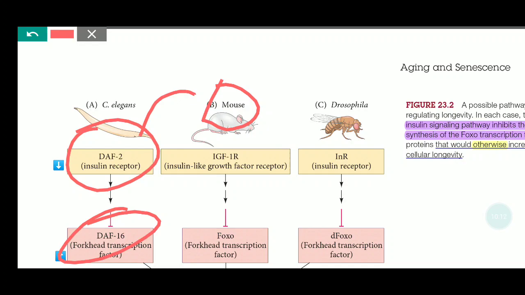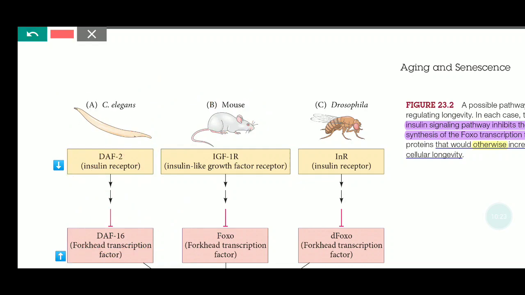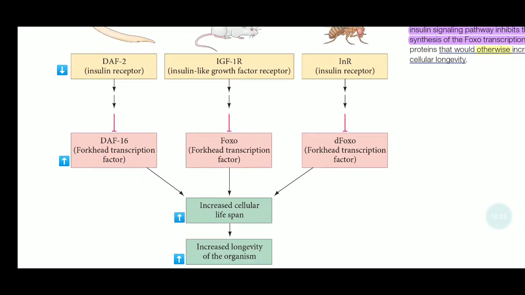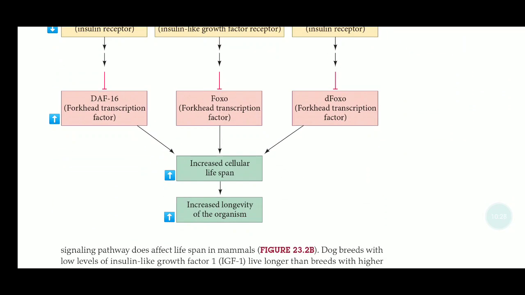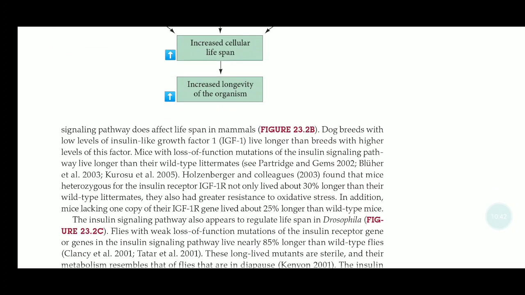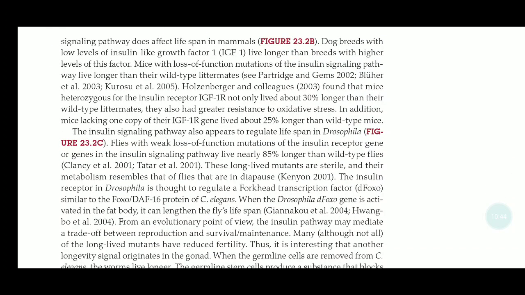So as there is no insulin signaling, the DAF2 will not be there either. That means DAF16 is free to activate itself. It gets activated because the inhibitor is not here. After that, the lifespan increases in those conditions, because all those processes like metabolism become stopped. So this is the reason and the relation between how insulin signaling affects increasing lifespan.